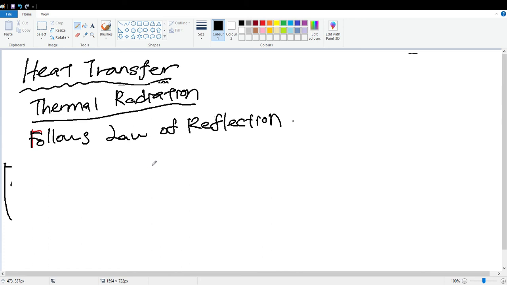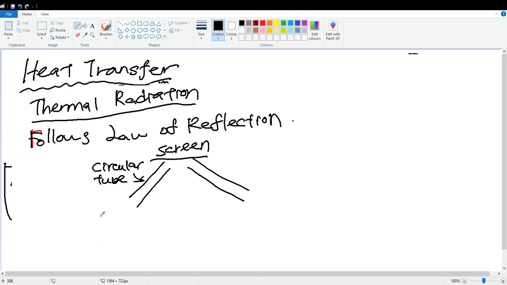So this is the screen. This is the circular tube. I have my circular tube, and this is another circular tube.